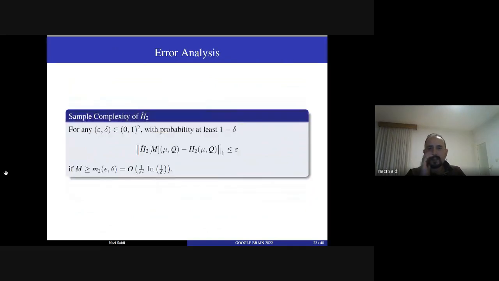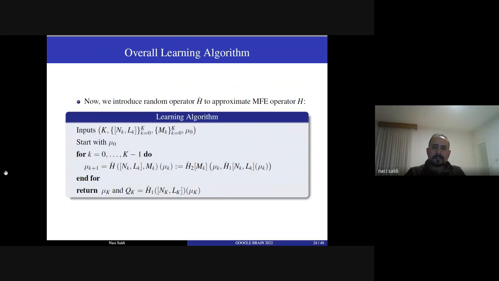And this is the analysis. By using Hoeffding's inequality, it is very simple to prove this. So the L1 distance between H2 hat and H2 is very small if you pick M large enough.